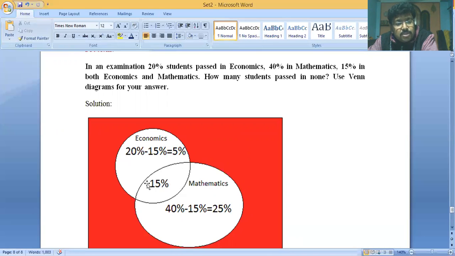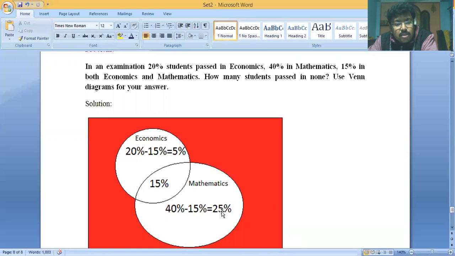So 15% is there. What remains in this part is just 5%, because the whole part is 20%. We subtract 15% from 20% and get 5%. So only 5% of students passed only economics. From this diagram, it is clear.